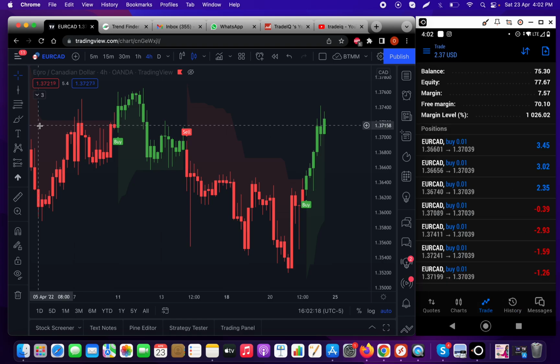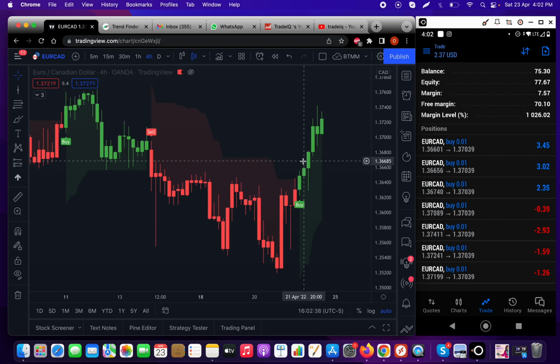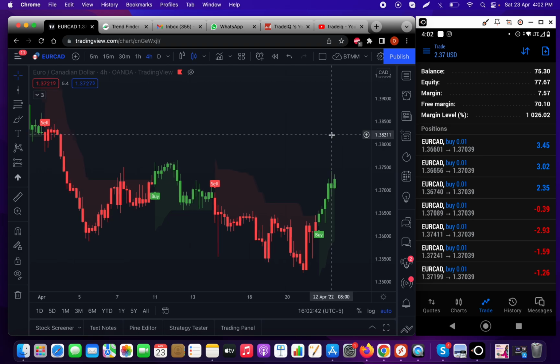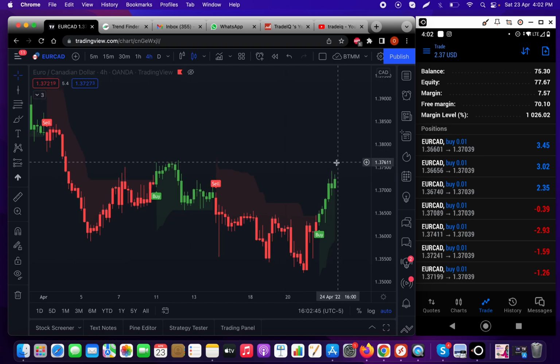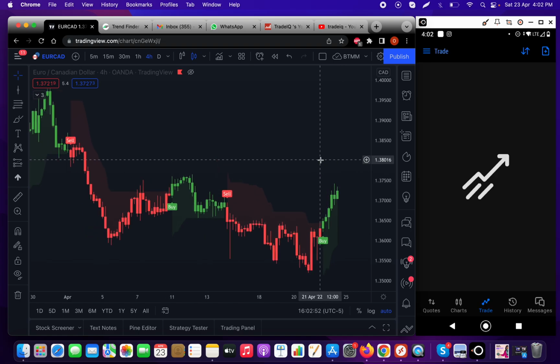Right now, I am in a few positions. I am in a EuroCAD position because my indicator gave me some alerts on the EuroCAD 4-hour chart, and I took some buys, and I'm currently waiting to see if the trend is going to continue all the way up to 1.376, and I'm going to try and hold it to see if it can continue up here.